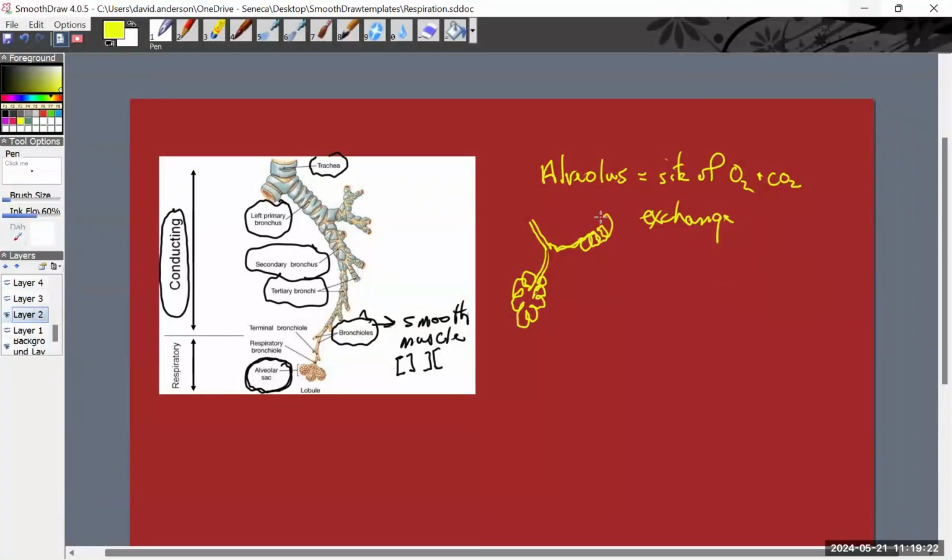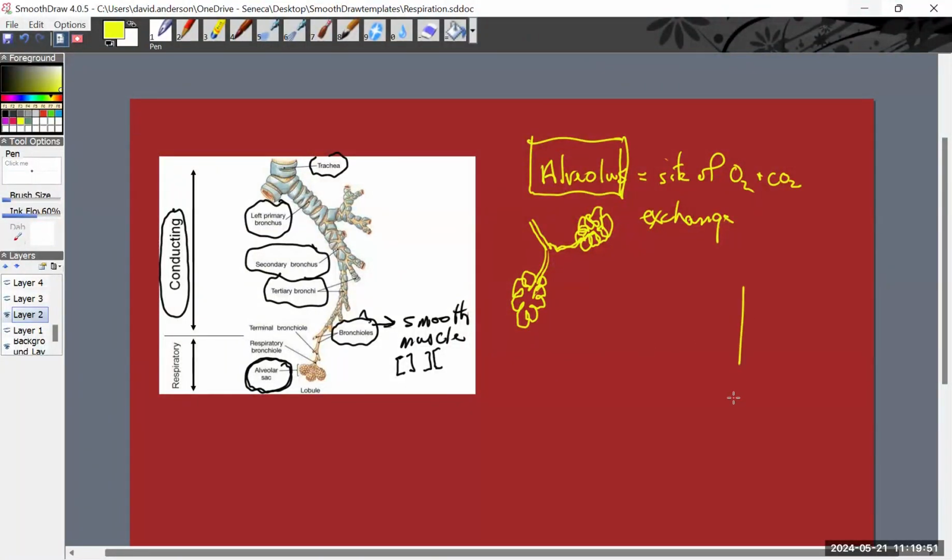So the terminal bronchiole finishes into a cluster of alveoli. And the branching within that terminal bronchiole is sometimes called a respiratory bronchiole because it does have some ability for air exchange to occur. But this is our unit. Our unit is an alveolus, and we'll have a million or more of these alveoli in each lung.